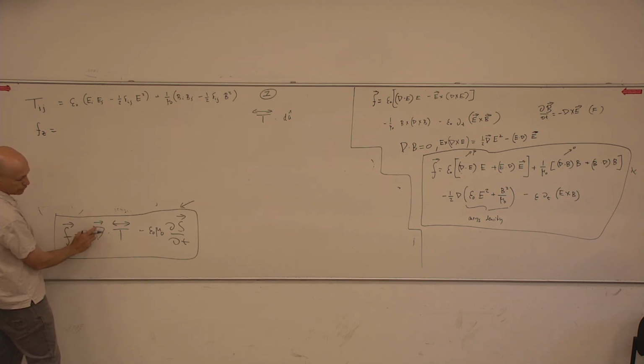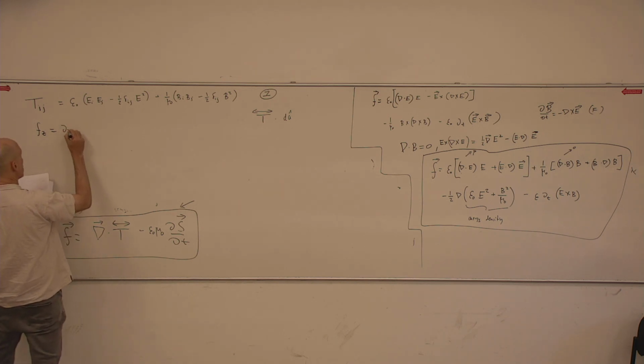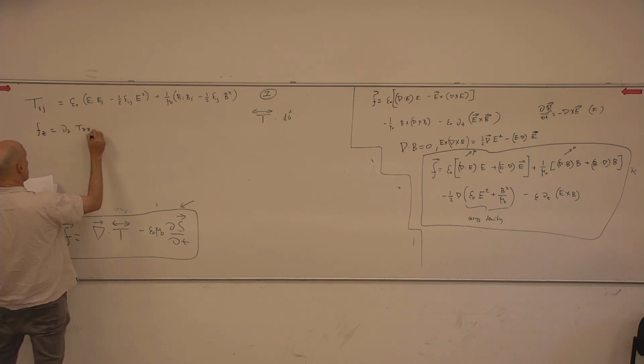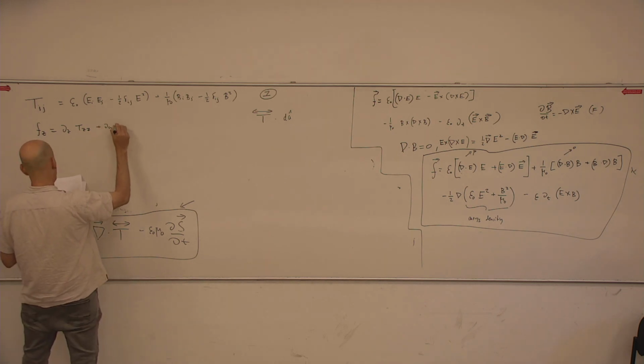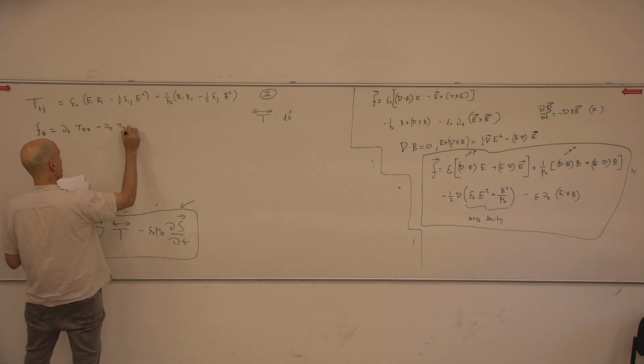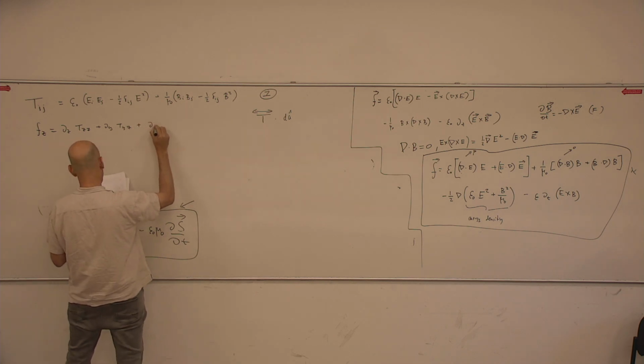But now the vector is derivatives, right? That's the only thing. So this guy is simply, by definition, d dz Tzz plus d dy Tyz plus d dx Txz.